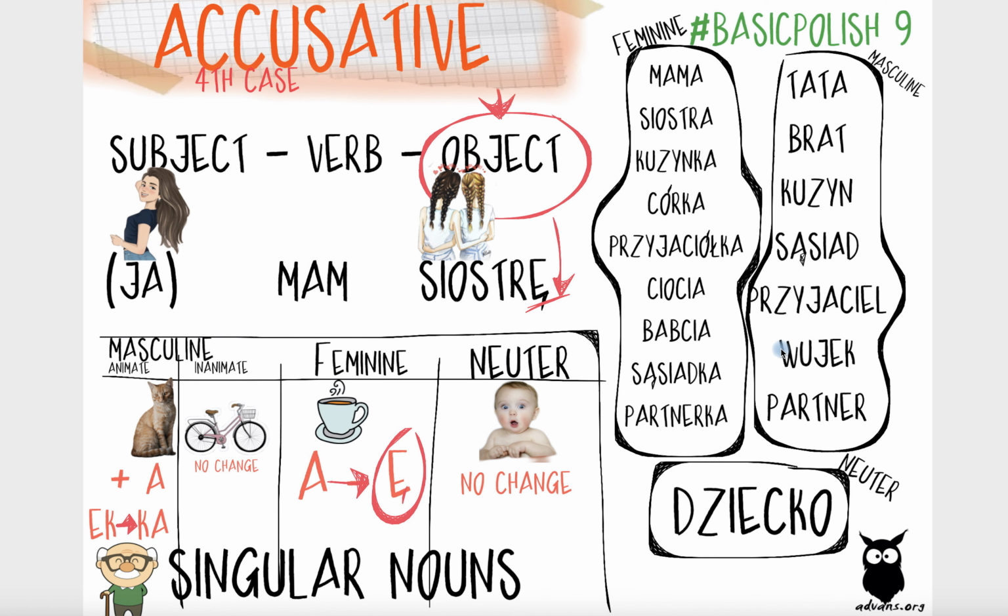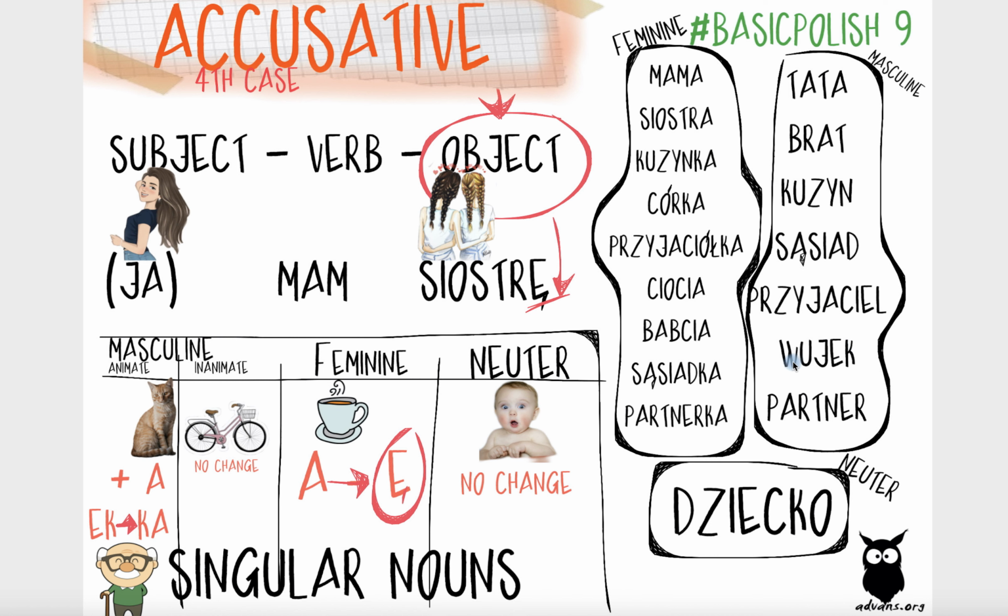Another one, wujek, uncle. Now look at the ending. Here we've got ek ending. This is a specific ending, ek. And when we've got ek endings in masculine nouns that are animate, living, right? We drop the e letter after adding a. So ek kind of becomes ka.